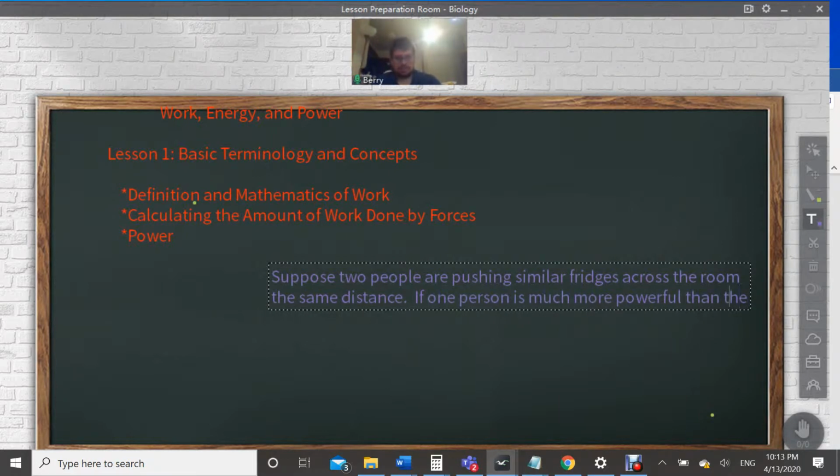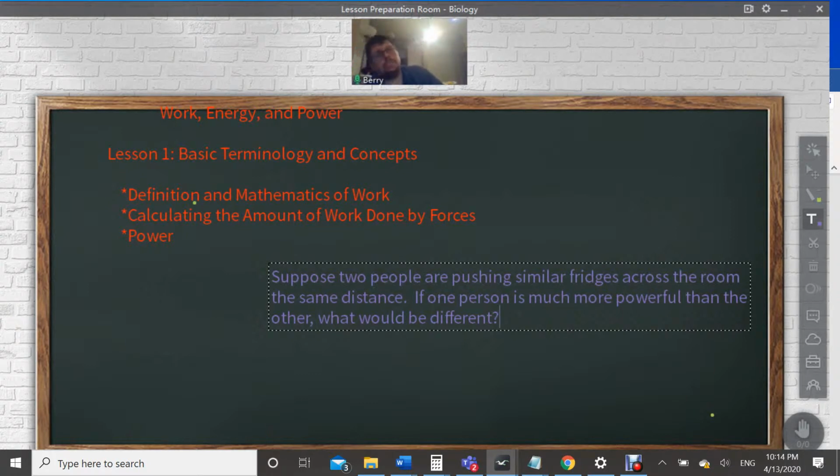What would be different? They're both pushing a refrigerator. Same refrigerator, same distance. What will be different if one is much more powerful? Jim? Excellent, good job. Yes. What we should recognize is that the refrigerator would be pushed much faster by the person who's more powerful than by the person who's not.